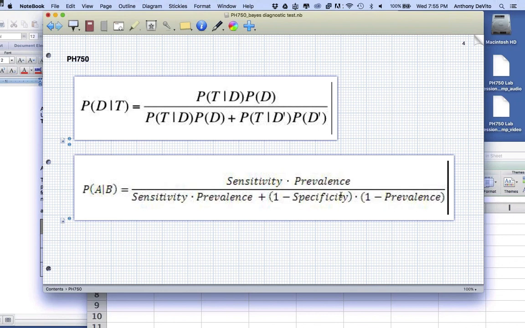people test positive? Well, the specificity tells me what proportion of them test negative, because that's when it's right. So if I wanted the true negatives, I would just multiply specificity times 1 minus the prevalence. But I want to know what proportion of them tested positive that didn't have the disease.